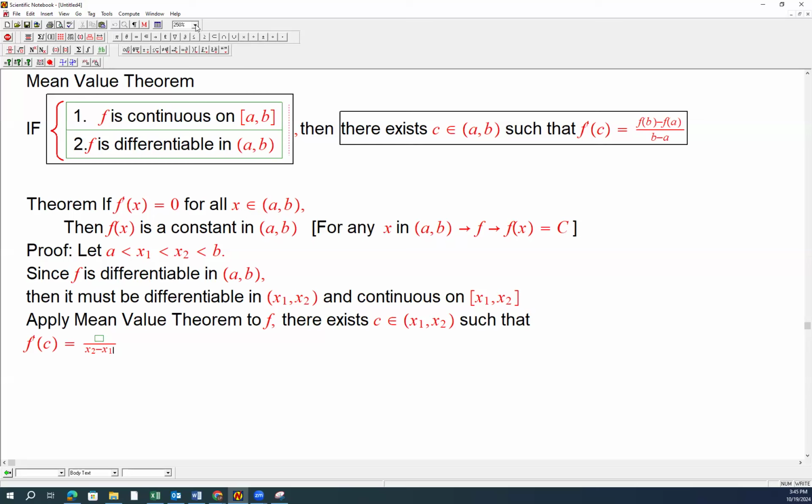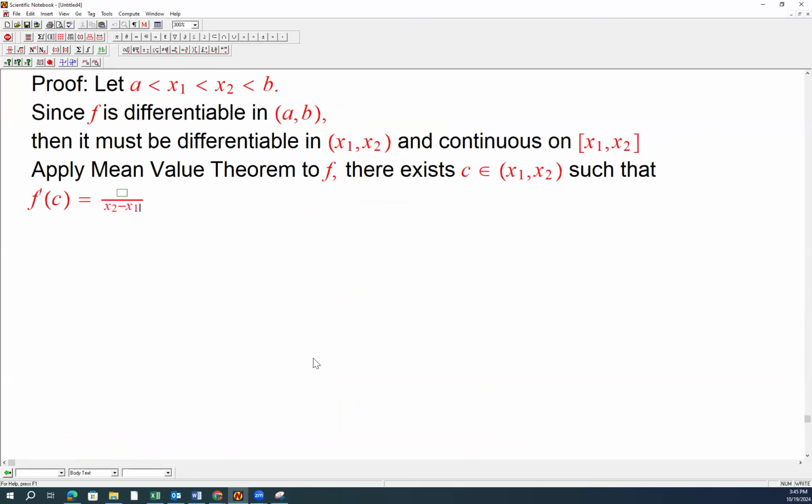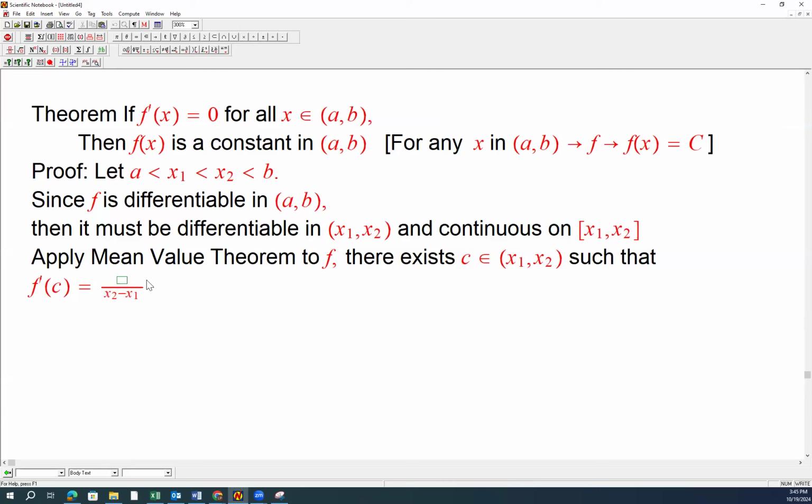Let me make it larger. On the top is f of x2 subtracting f of x sub 1.